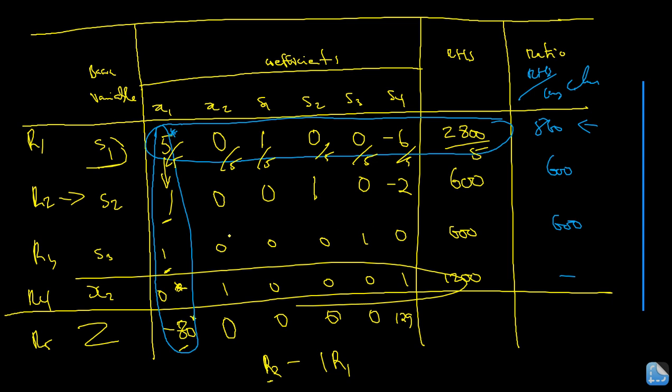Same thing also for this one here. It will be R3 minus R1. For the last one, since that is the negative, it will be negative 80 plus 80, so it will be R1, and then here we are going to have R5, like that.